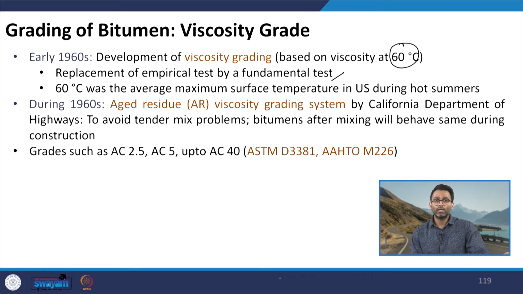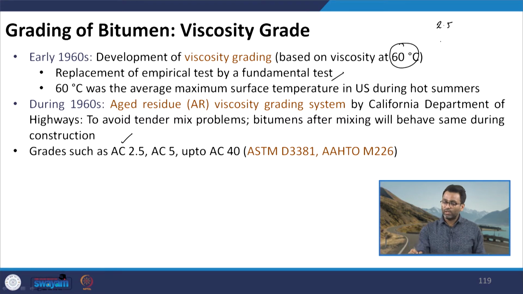In the viscosity grading, several viscosity grades were defined by the ASTM standard and the AASHTO standard. So, this is AC 2.5, AC 5, and we have grades up to AC 40. So, AC 2.5 or AC 5, what does it mean?